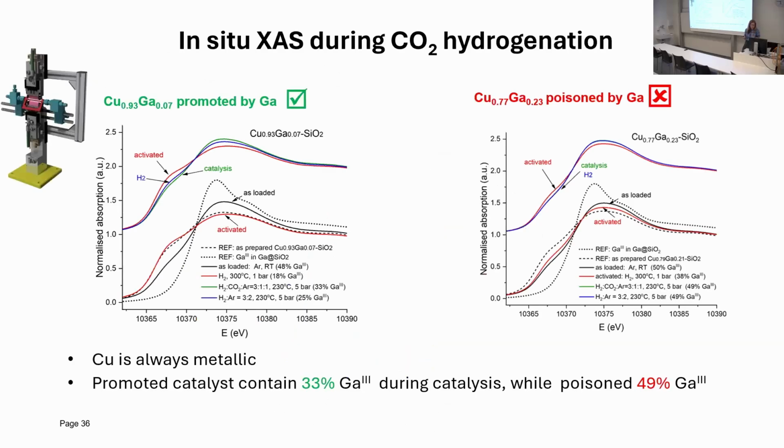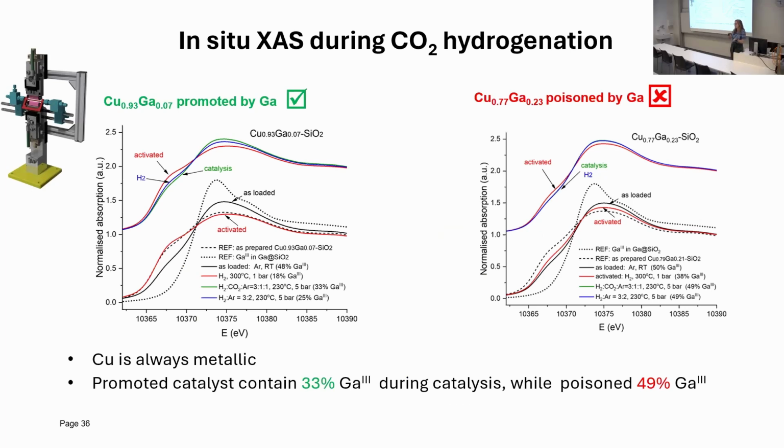Using X-ray absorption spectroscopy, we could detect that copper in this catalyst under catalytic condition at 20 bar pressure is always metallic. While the gallium oxidation state is variable. In the catalyst which is more active, the variation of the oxidation state of gallium was stronger depending on the condition.